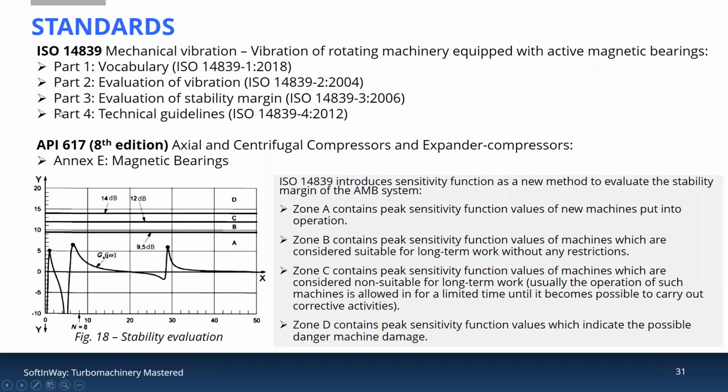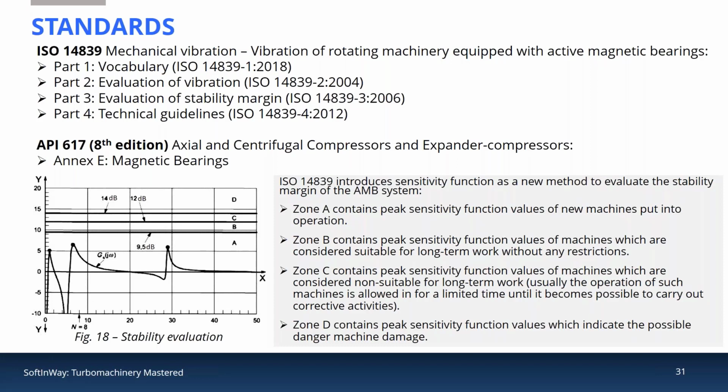It was developed by expert representatives of AMB manufacturers and research universities. The detailed requirements applied to axial and centrifugal compressors and expander compressor units are discussed in Annex E of the 8th edition of API 617.